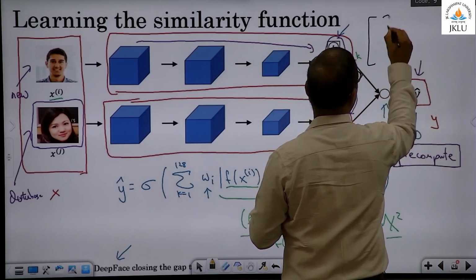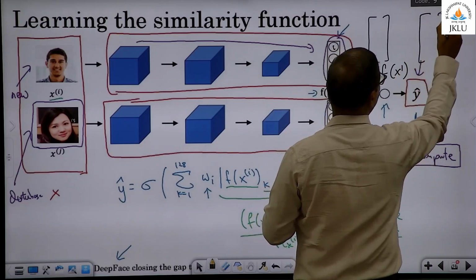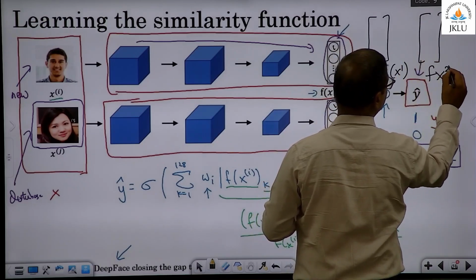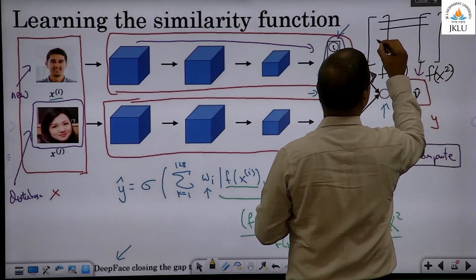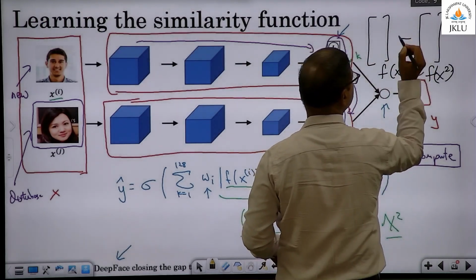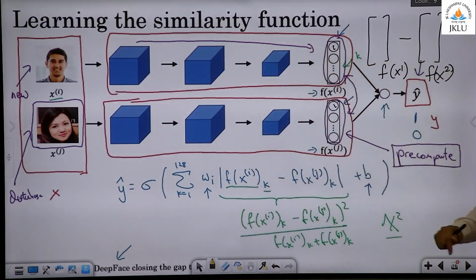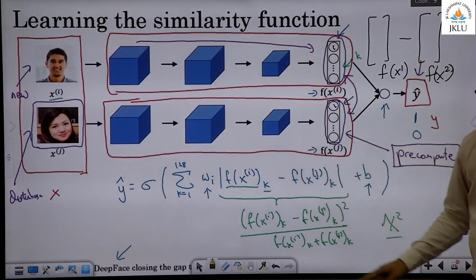So this is your f(x1). This is your f(x2), you take basically this minus this, right? Basically this minus this, whatever comes, and you are supposed to take modulus element-wise, okay?